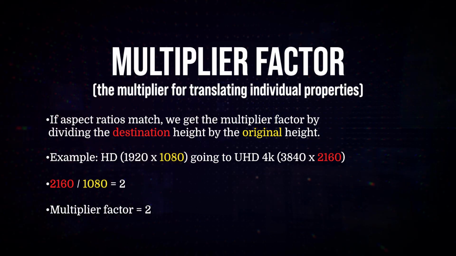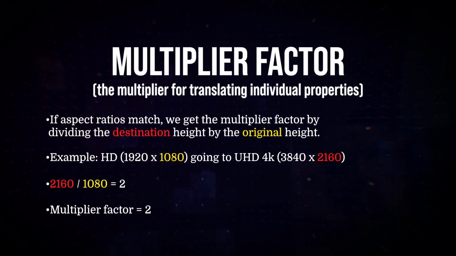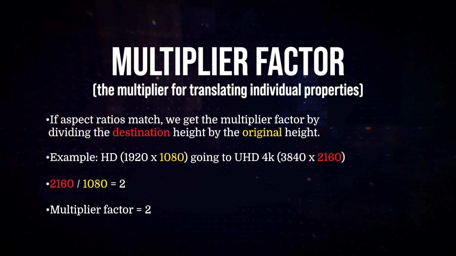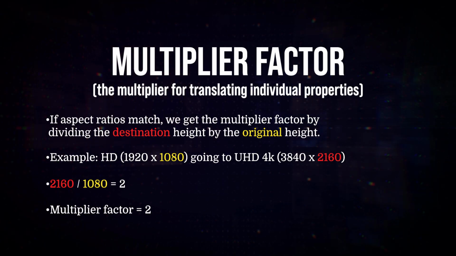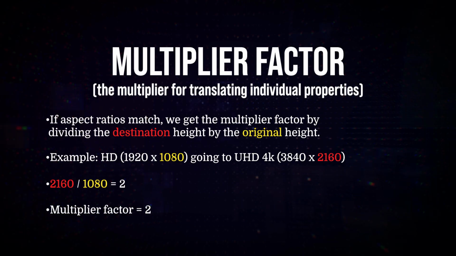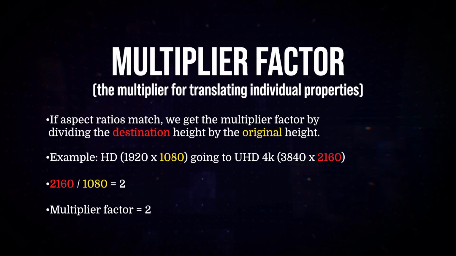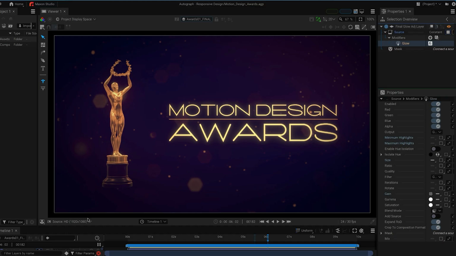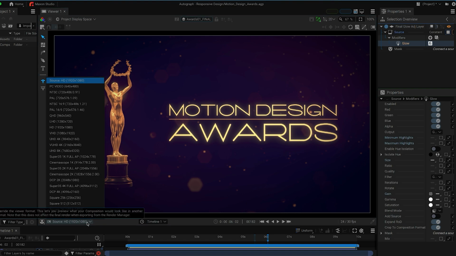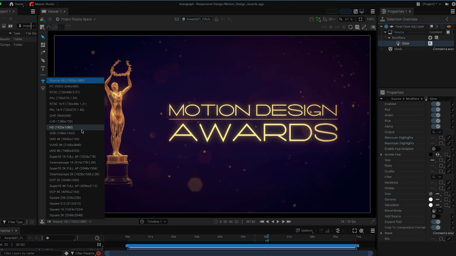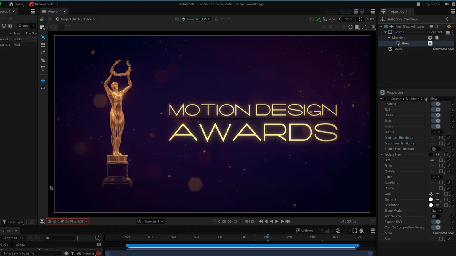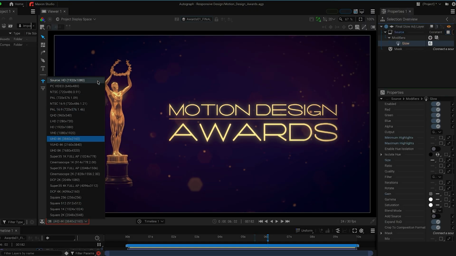So then when we change the format from HD to UHD, Autograph goes through and multiplies all the relevant properties, all the blurs, glows, size properties, everything in 2D and 3D, by 2. Pretty easy, right? And also, just pretty impressive while we're at it, to realize that as we are going from HD to 4K, it's just that quick where we're just rolling over.